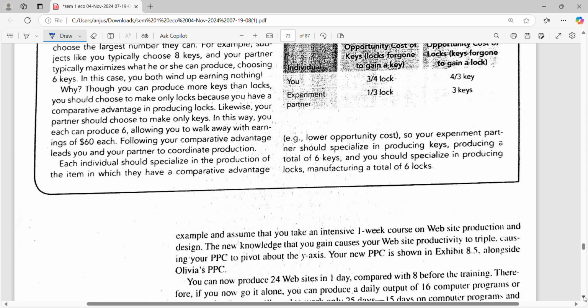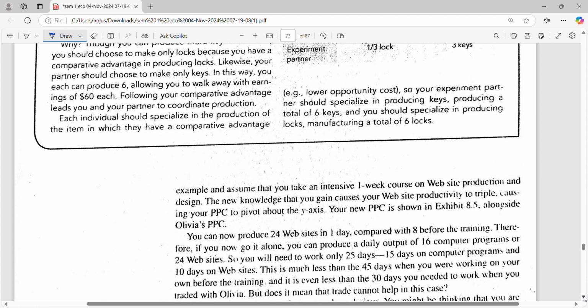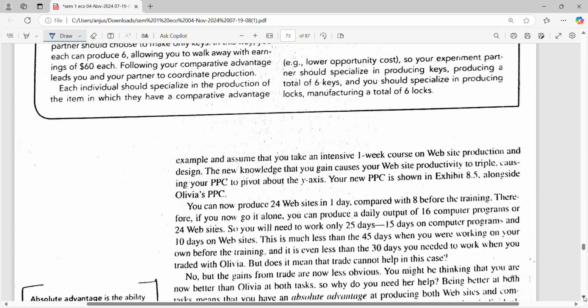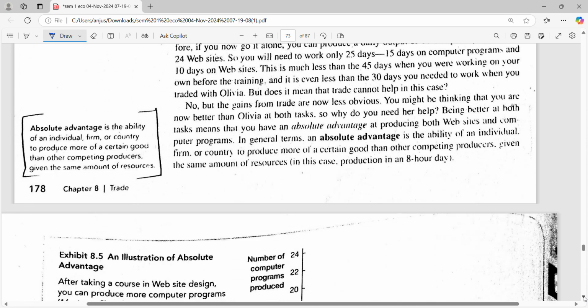With the same 8 hours, you produce 8 websites, but Olivia produces 16 websites. So with the same resources, she has an absolute advantage over you in the case of websites. Vice versa in the case of computer programs.